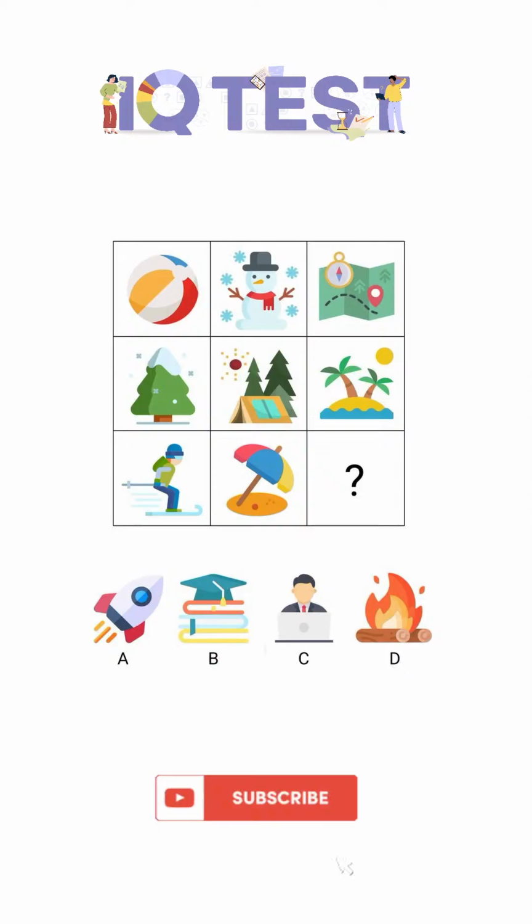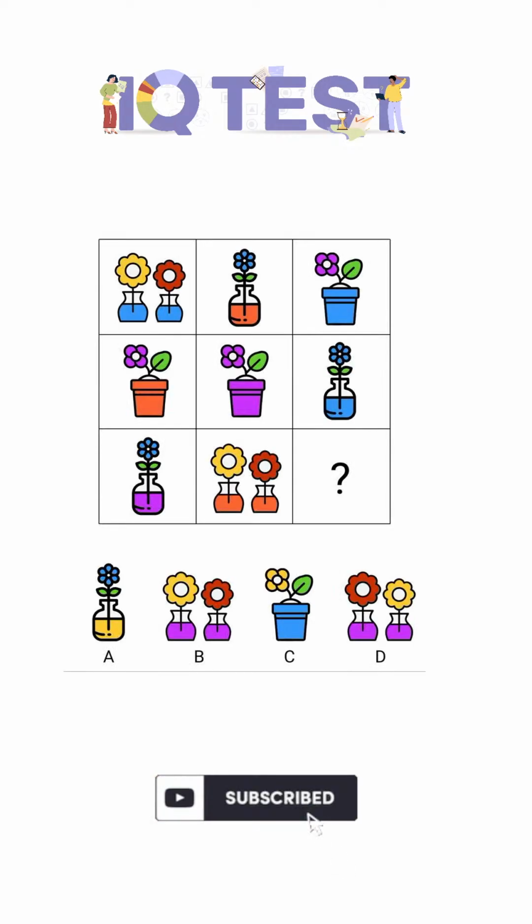Yes, the answer is D over here. So D is your answer. Very good. All right, so let's move on to the next one. So what do you get as your answer here?